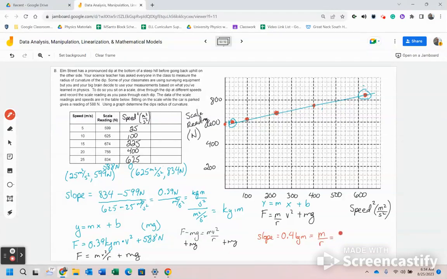If the mass is 60 kilograms, and that information we got from the scale reading when the speed was 0, divided by the radius, we can solve for the radius to be 150 meters. This is a prime example of how you would use a manipulated graph and the slope of that to determine an unknown physical quantity. This type of problem you will see on an open-ended question on the AP Mechanics C test.